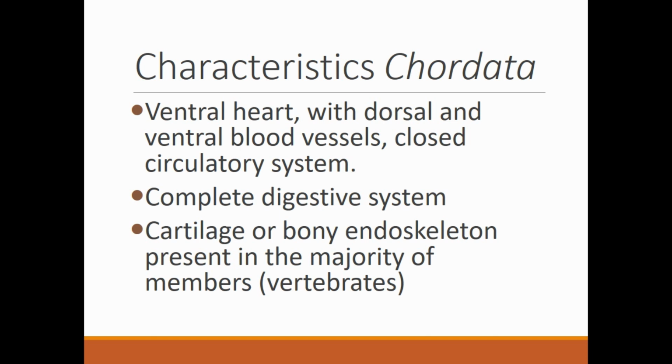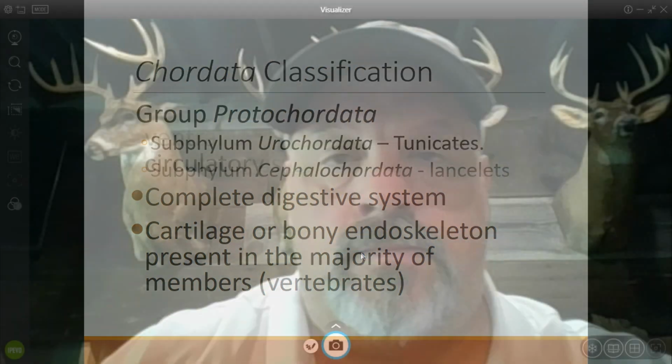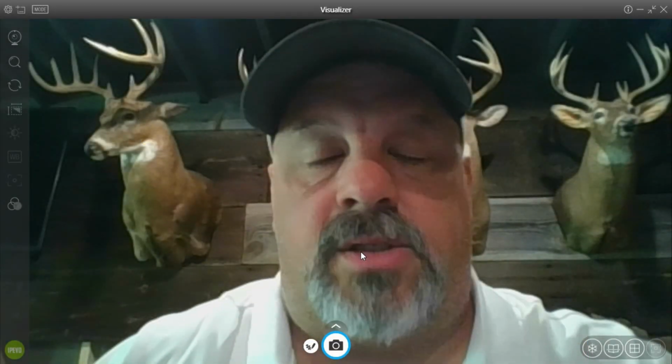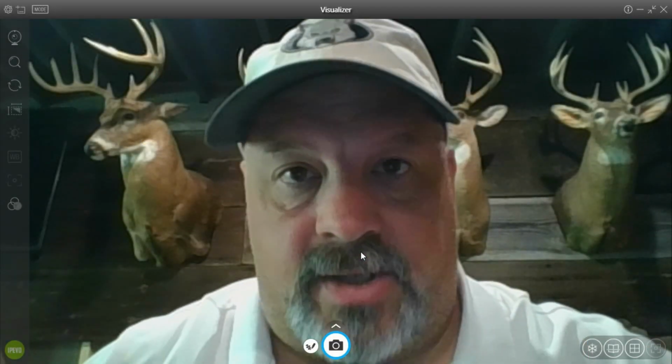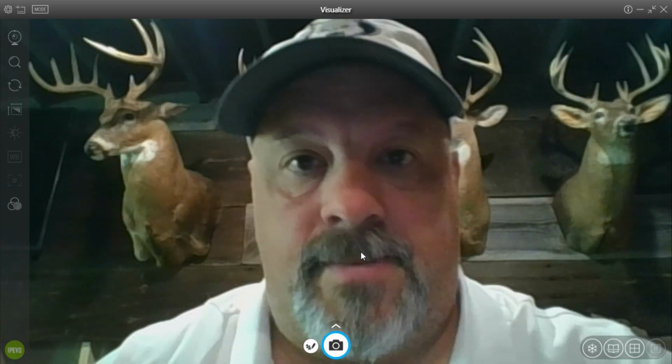And even after we're born, we still have part of our skeleton as cartilage that will develop into bone. And as you grow through adolescence, your growth plates are cartilaginous plates that develop into bone, and that's how our bones grow and get longer. But the key is we have an endoskeleton, which of course means our skeleton is on the inside of our body. All right, so that gets us through the characteristics of Phylum Chordata.